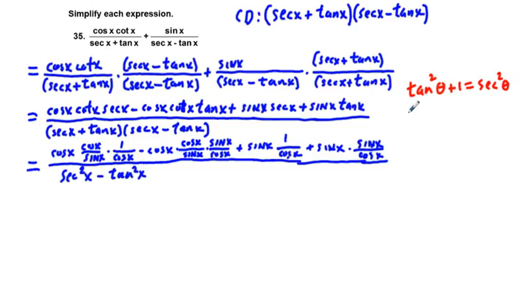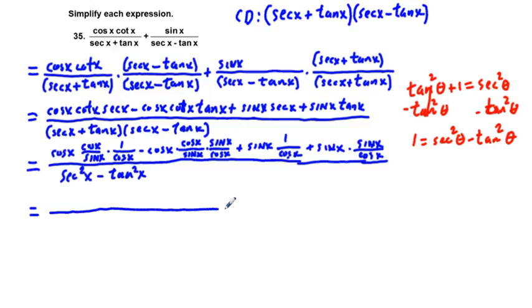Well, if we subtract tangent squared theta from both sides of this identity, we have 1 equal to secant squared theta minus tangent squared theta. So what that means is we can rewrite this denominator of secant squared theta minus tangent squared theta as 1, which I've done there.